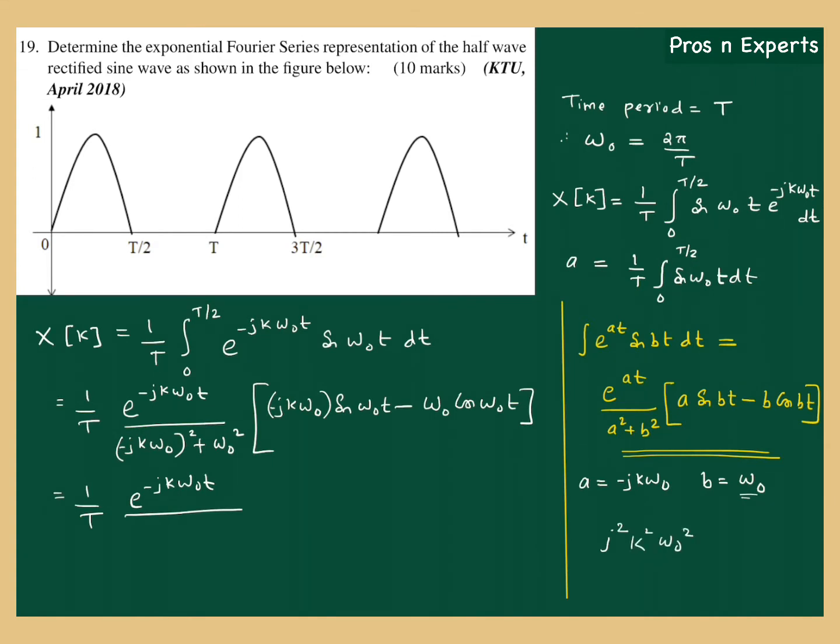Minus will be gone because of the squaring. J square is actually minus 1, so minus k square omega 0 square plus omega 0 square, into minus jk omega 0 sine omega 0 t minus omega 0 cos omega 0 t. Now we can put the limits from 0 to T by 2.